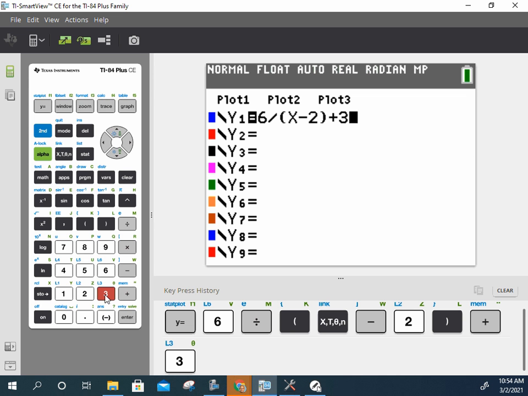Always put the denominator in parentheses. Anyone got any questions before we continue? Okay, the main thing with the calculator, always put it in parentheses.